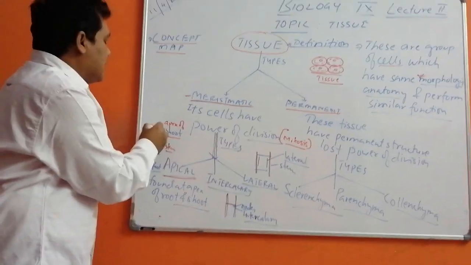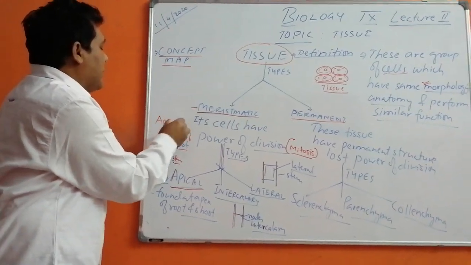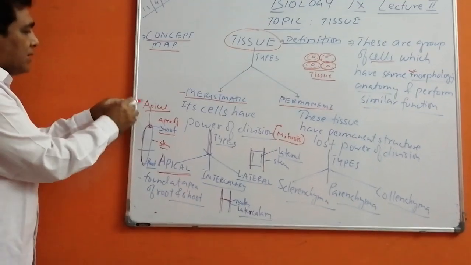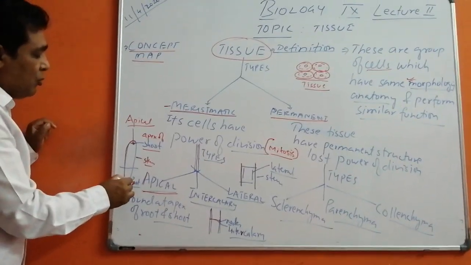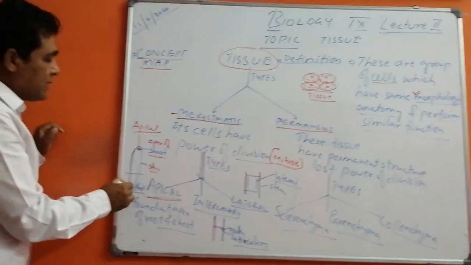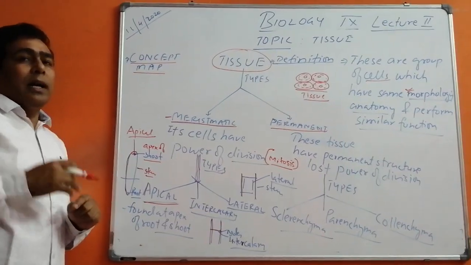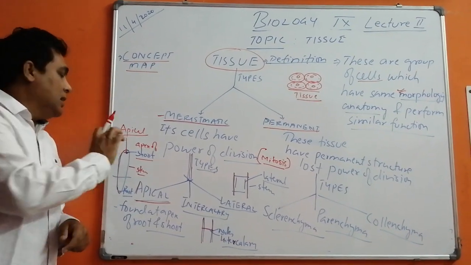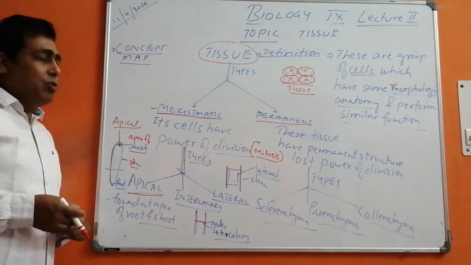So here you can see the apical meristem cells. The same thing is found in the roots also. Here you can see the root meristem. So root meristem cells and shoot meristem cells are found at the zenith of the root and the shoot, at the last part, which helps in the growth.